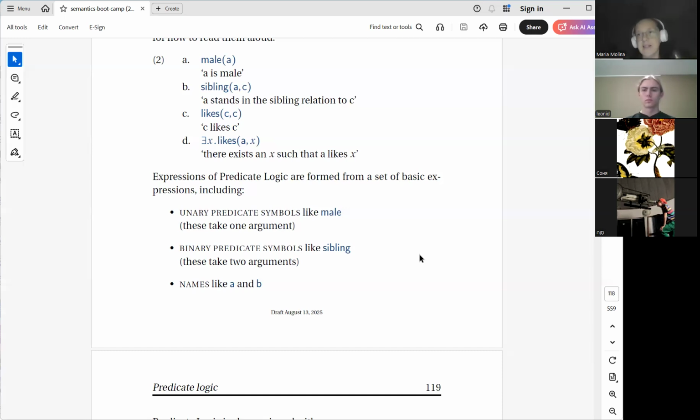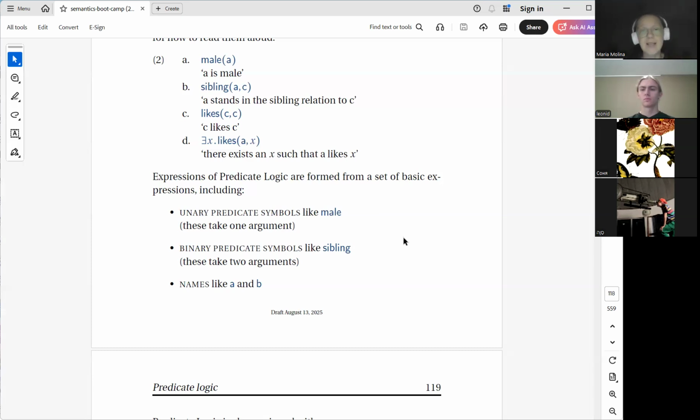So there are intransitive verbs that cannot take an object. They only have a subject, right? I'm trying here to show that behind this logic, real linguistics, like language reality, exists.